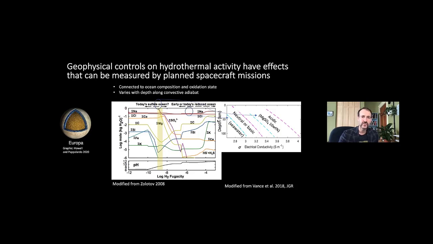And so we can consider for different models of the ocean what different properties might be, like here the electrical conductivity of the ocean. And so in recent work, we've looked at that to consider whether those differences in properties might provide geophysical clues that we can use to look at the consequences of hydrothermal activity through time.